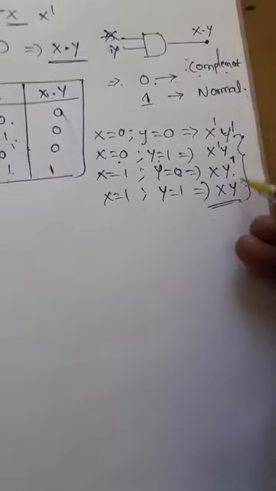From the truth table we can implement this. Variables may be represented in either normal form or complement form. This representation we call the minterm, the product of each variable. So what is a minterm?